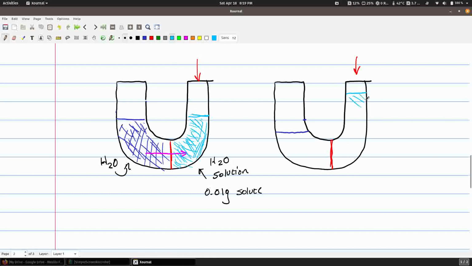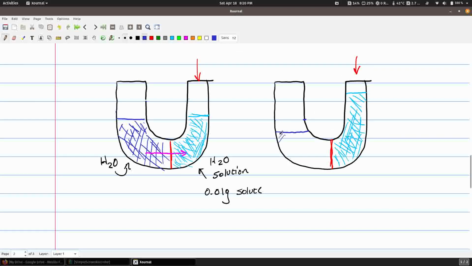But when you have enough pressure exerting itself from the outside, you can force all this water back through. The solute's still going to be on the right side, but you can at least force the water back in.